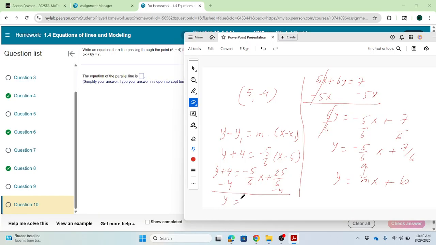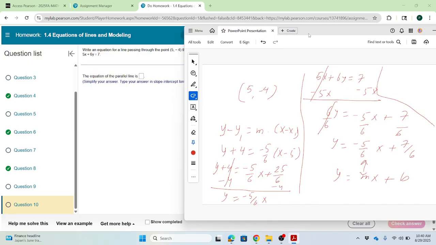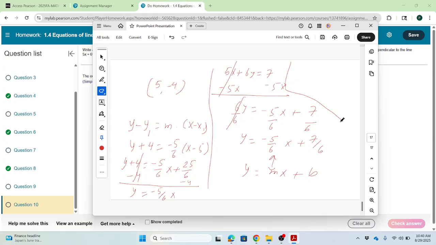So y is equal to negative 5/6 x, and you have to do this thing. Let me do this math here: 25/6 minus 4. There is nothing on the bottom for the 4, so I can just multiply the top and bottom by 6.